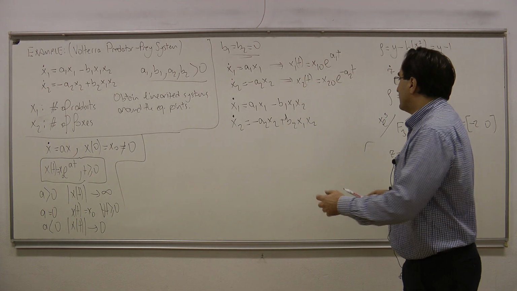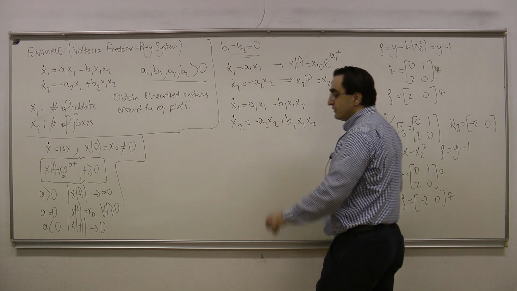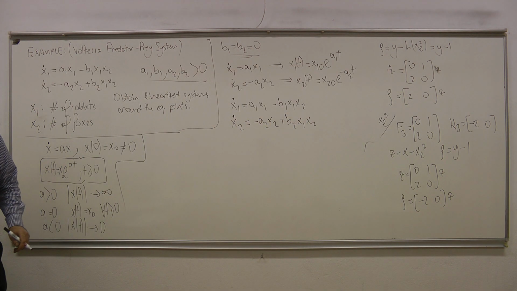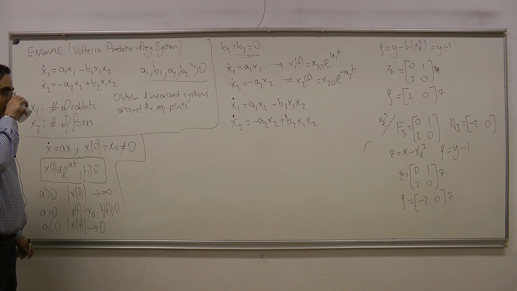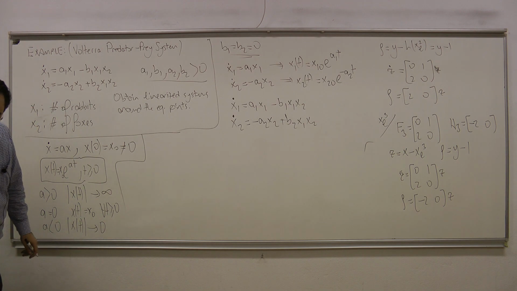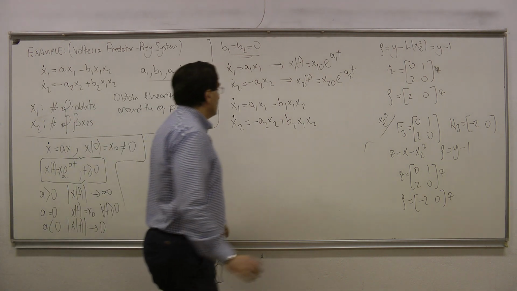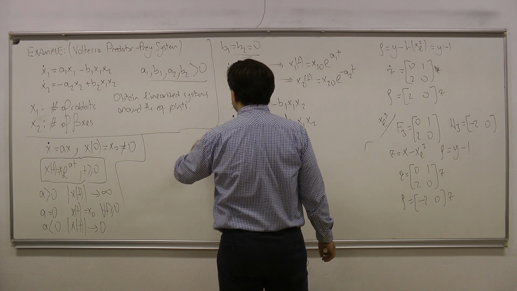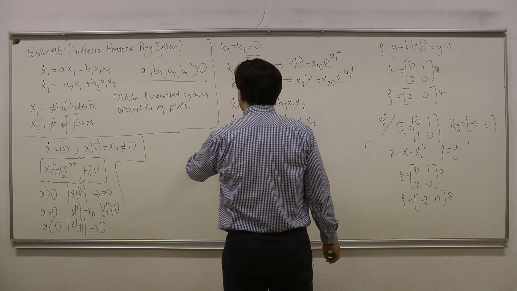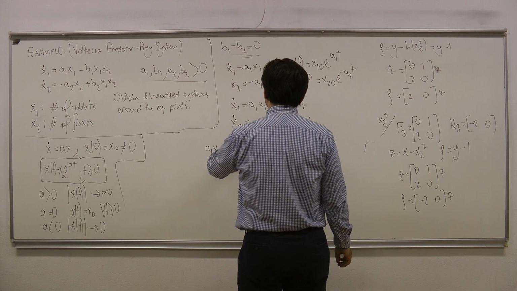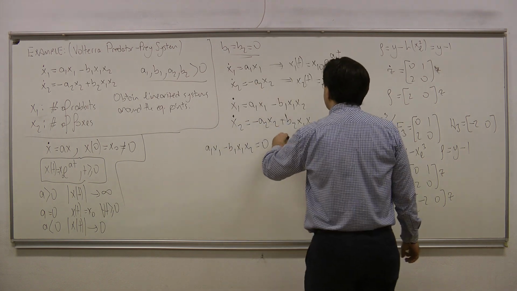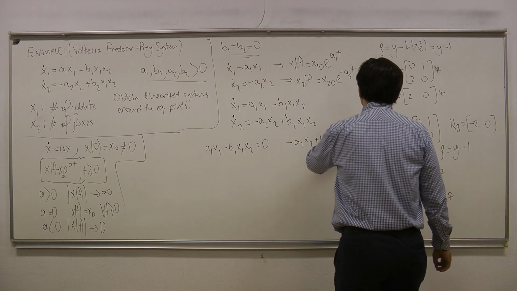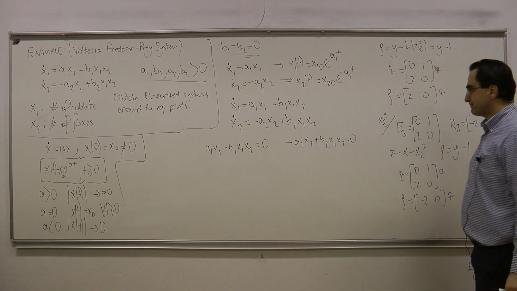Okay? So now let us try to find the equilibrium points of this system. The equilibrium points are going to be found by equating the right-hand side to 0. a1 x1 minus b1 x1 x2 equals 0, and minus a2 x2 plus b2 x1 x2 equals 0.